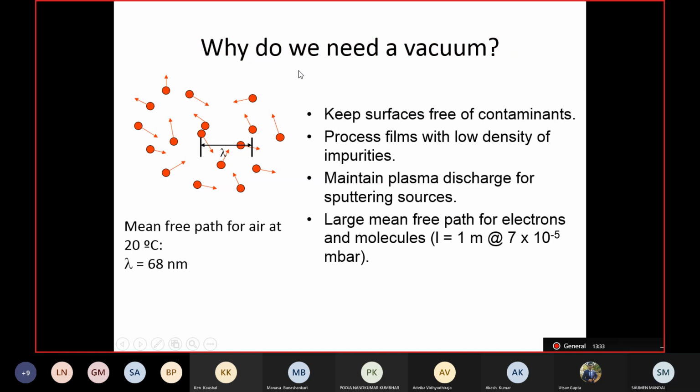Now, why do we need a vacuum? To keep the surface free of contaminants, and to process films with low density of impurity.